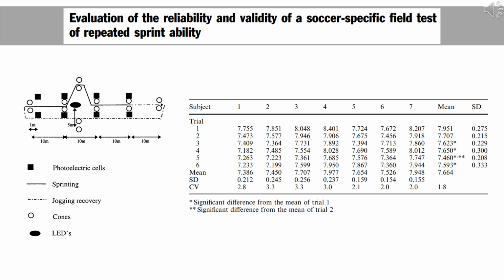So the reason we probably get this consistency is because enough time is spent doing our active recovery prior to the next trial. Now that's great, and that enables us to assess maximal sprinting ability repeatedly, but that is not quite the same as repeated sprinting that deliberately tries to invoke acute fatigue and an accumulation of blood lactate concentration.